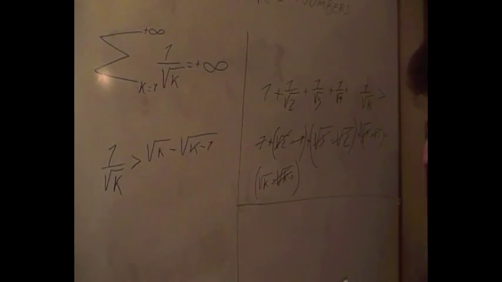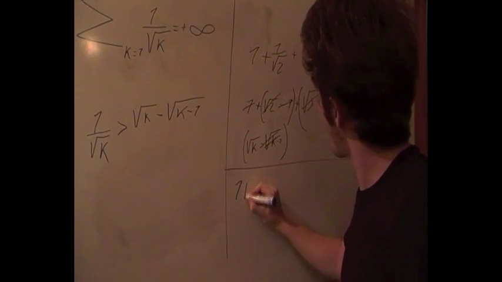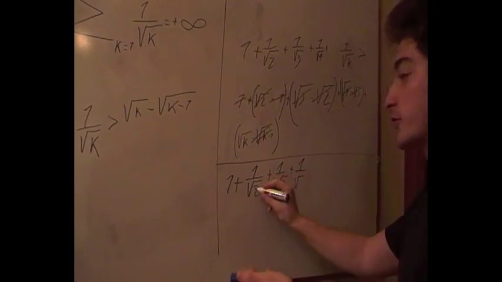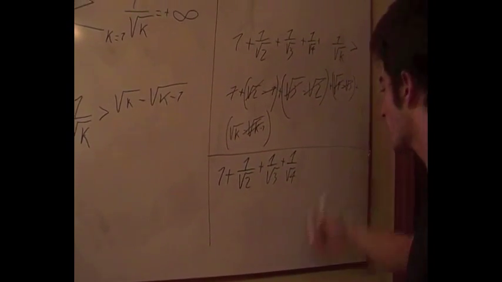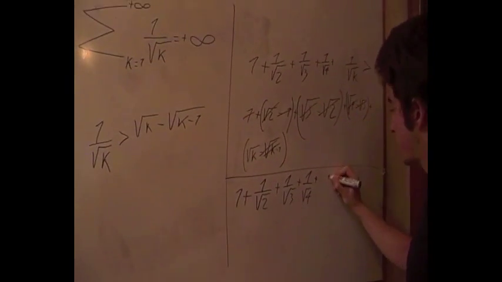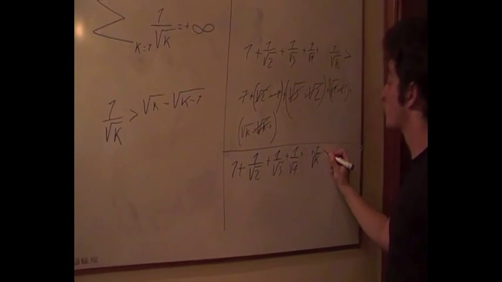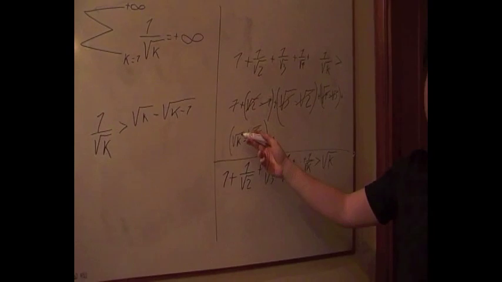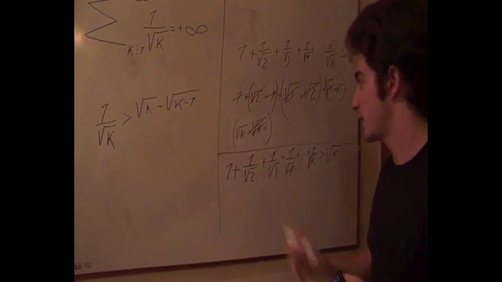Therefore, what do we have? We end up with 1 plus 1 over square root of 2, plus 1 over square root of 3, plus 1 over square root of 4, plus so on, plus 1 over square root of k, greater than what? Than the root of k, which is the only number that we're left with.